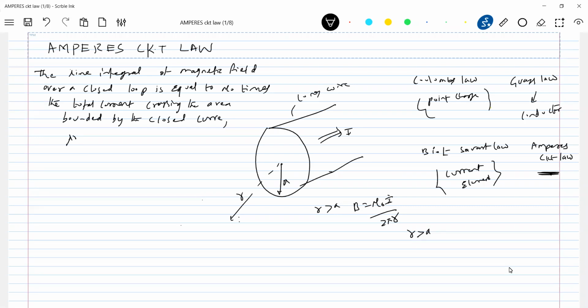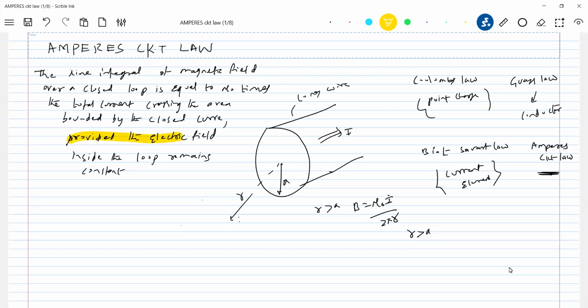Provided the electric field inside the loop remains constant. This is the last part, that is for later; this part you avoid for the time being.